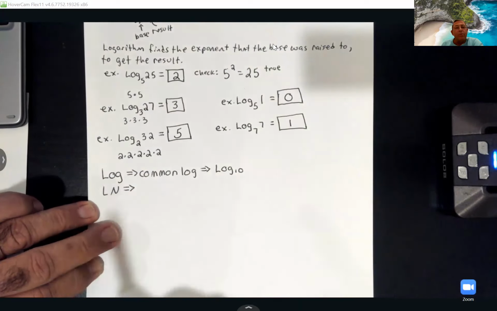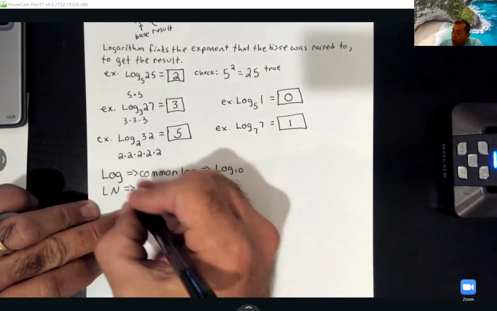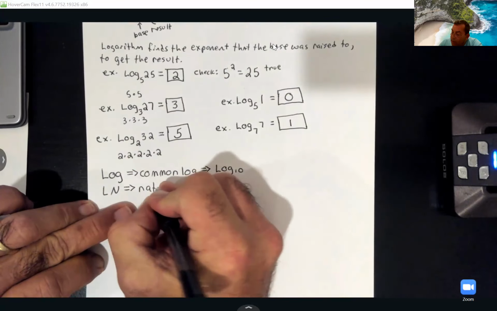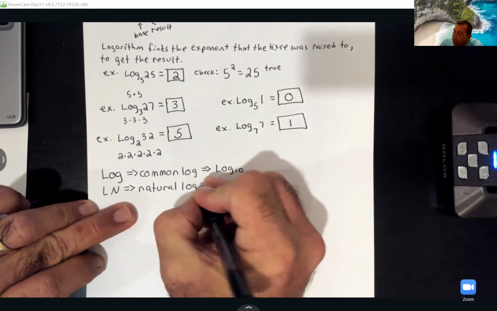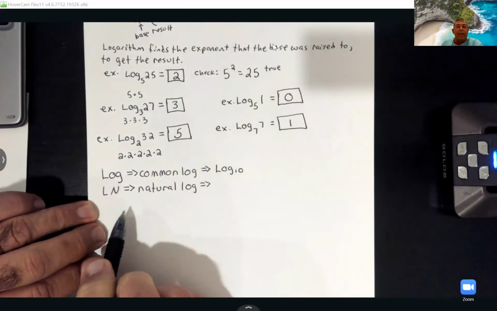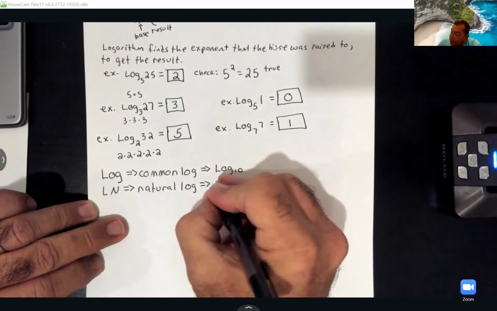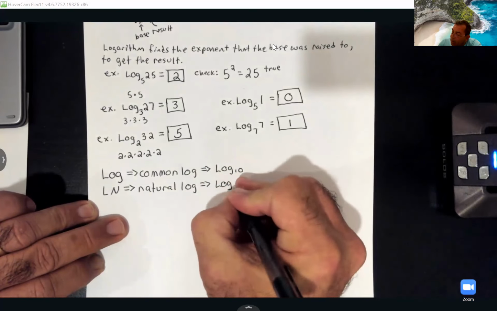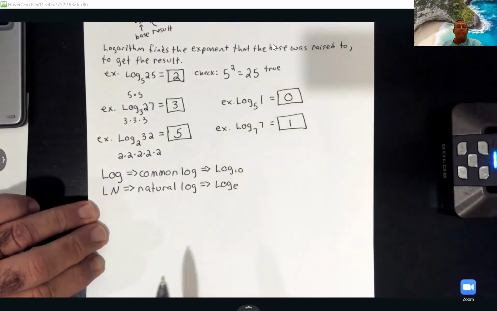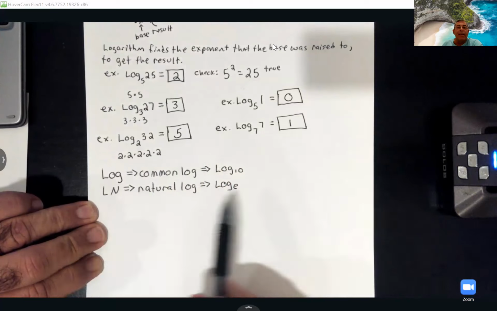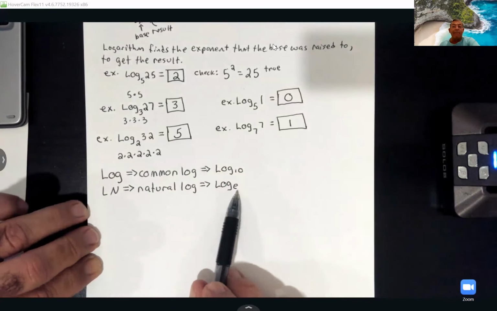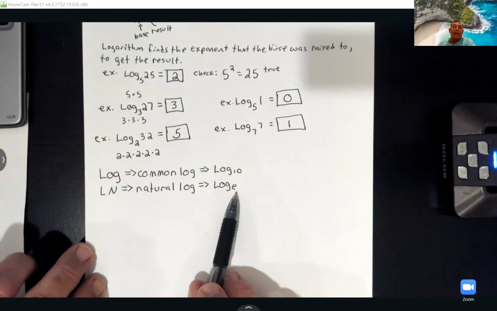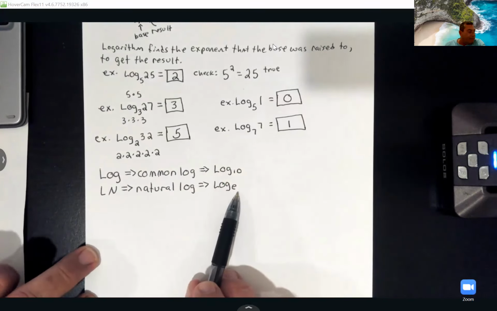LN is what we call the natural log. And y'all, the natural log is a log base e. So anytime I see that LN, it's really a log base e, okay? And that's the e we looked at last week.